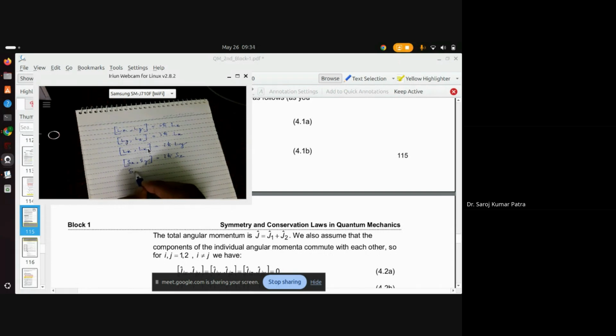Similarly, Sy Sz is equal to i h cross Sx, and Sz Sx is equal to i h cross Sy.